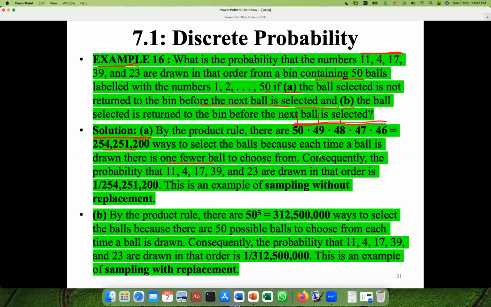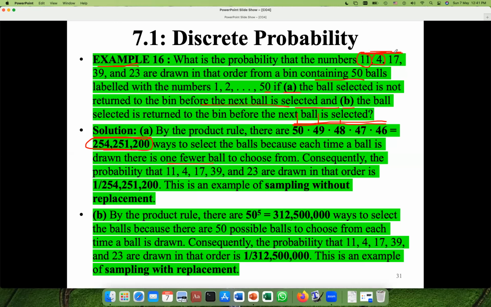Anyhow, moving forward. So these are the total number of ways. Now, if the balls 11, 4, 17, 39, 23 are selected, the selection is equally likely among the 50 balls. These are the 5 balls. When you select a ball, each of the 50 balls has 1/50 probability.